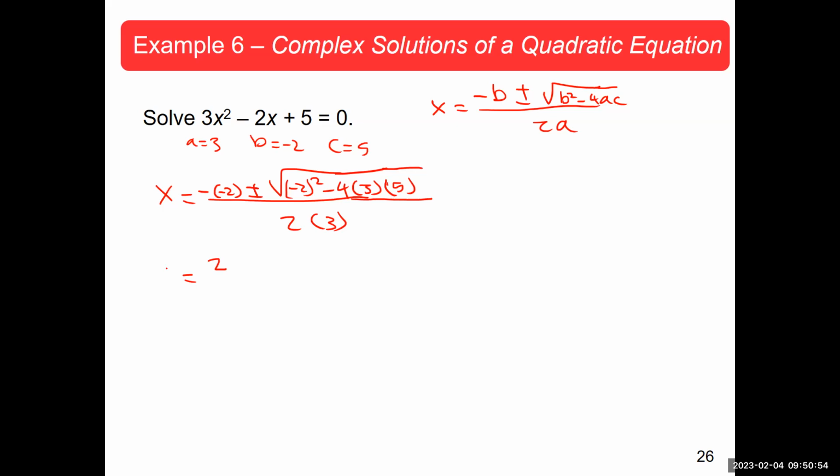I'm going to split it here. 2 times 3 is 6. Positive, negative, 6 square root of what? 4 squared. 4 times 5 is 20. 20 times 3, that's -60.